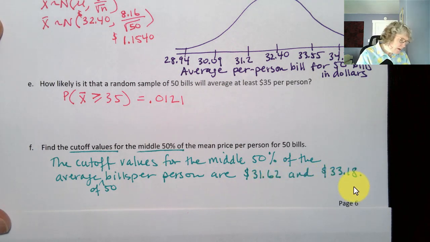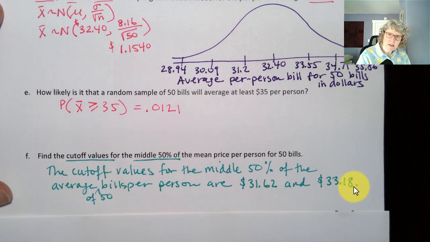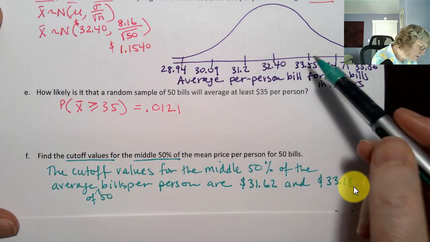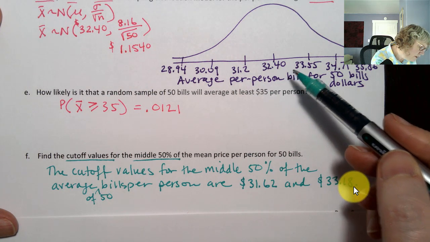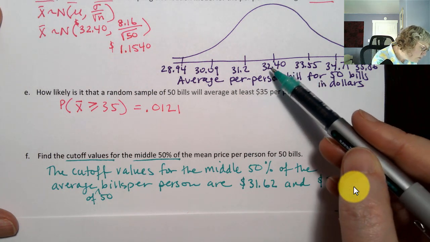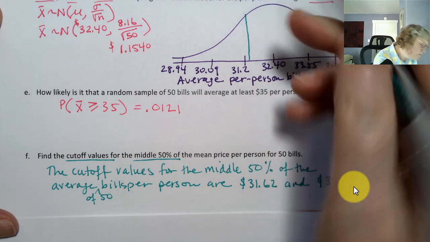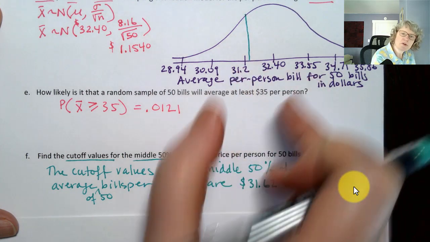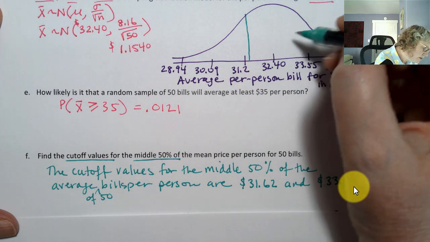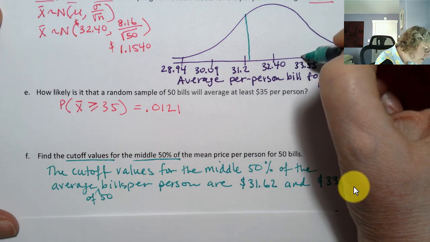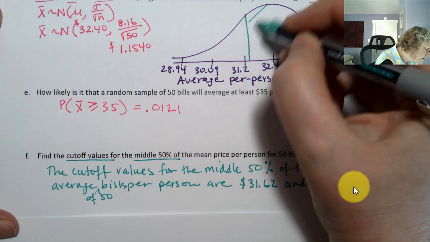Okay, so I could label that in green to go with this color in my graph up here, 31.62. Remember that one standard deviation is 68%, so the middle 50% should be within the first standard deviation on both sides.